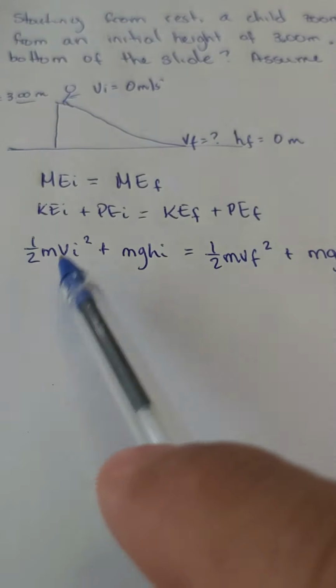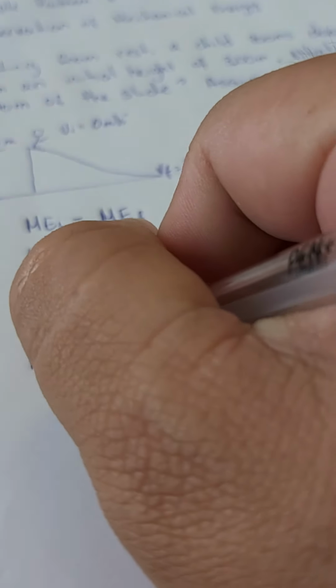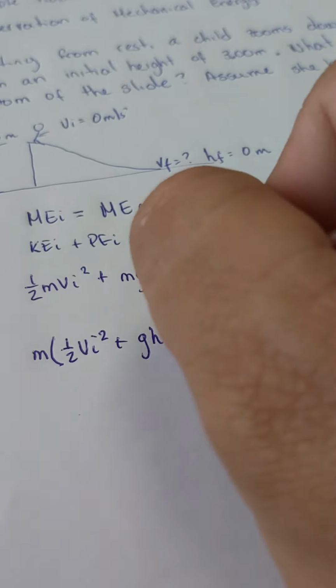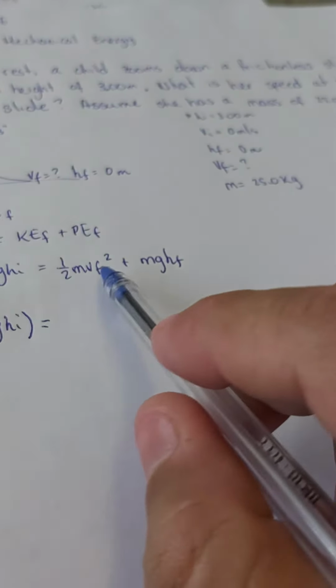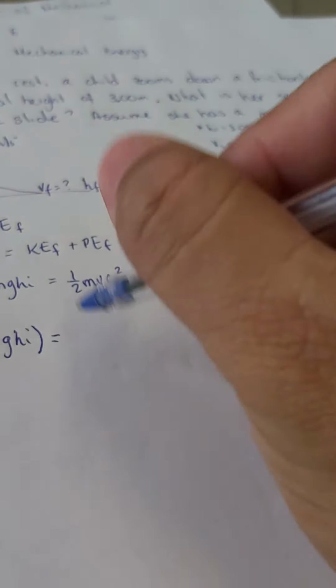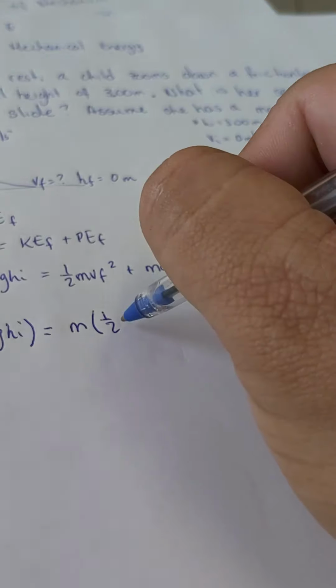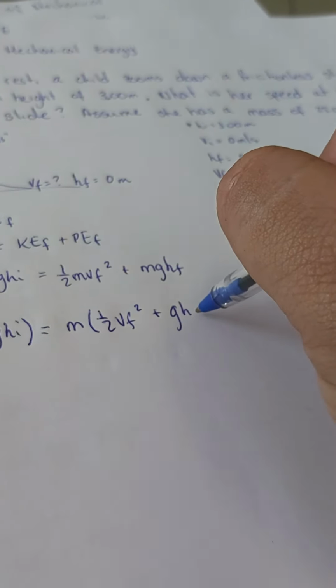We have mass in common, so we can factorize m times (1/2 initial velocity squared plus gravity times initial height) equals, and we have mass as a common factor here. We can factorize again, mass times (1/2 final velocity squared plus gravity times final height).